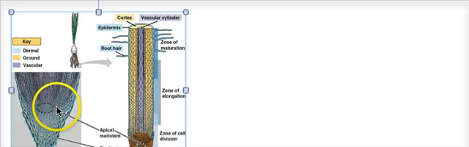And this is a real picture. And the colors are showing you the type of tissue. So cortex is ground tissue. Cylinder is vascular. And then the pale blue is the dermal around the outside. I hope that's helpful. So let's see if we can answer the questions now then.